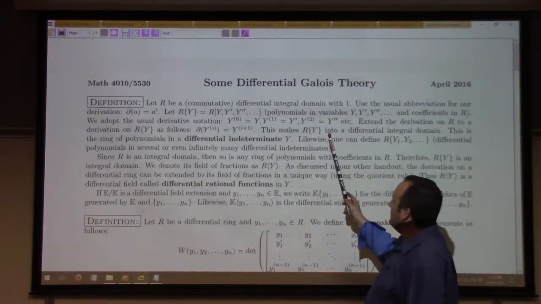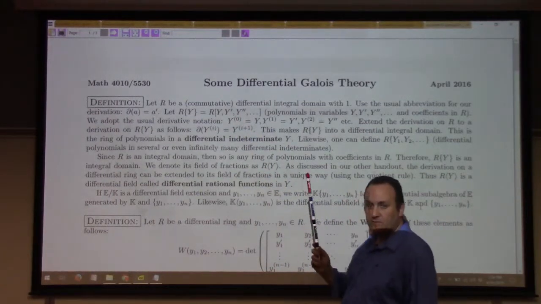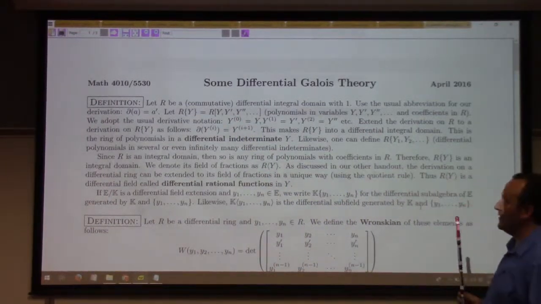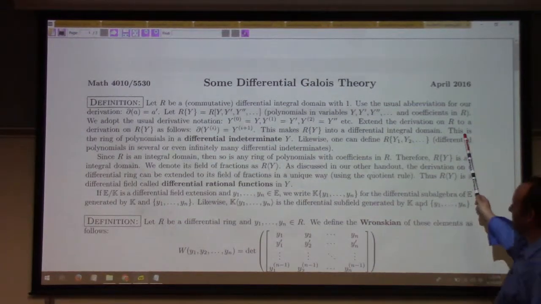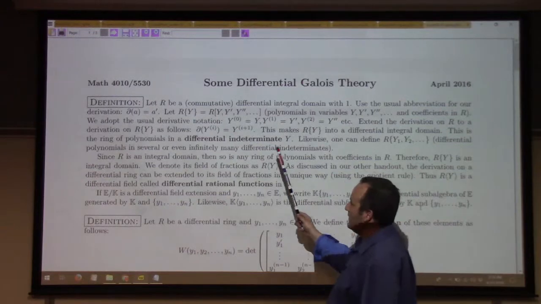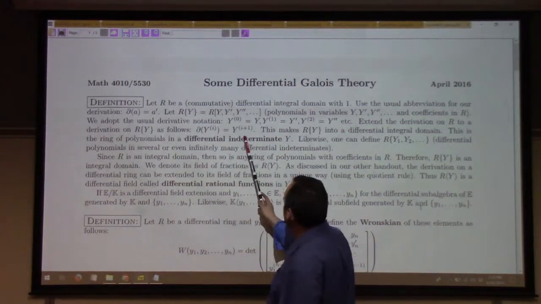The derivative of y is y prime, the derivative of y prime is y double prime, and so forth. So that allows us to extend the derivation on R to a derivation on R adjoin all the derivatives of y, just by that rule.